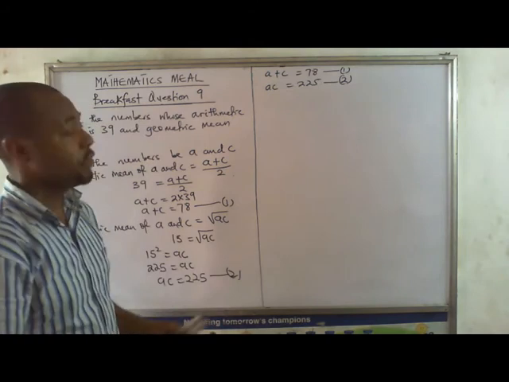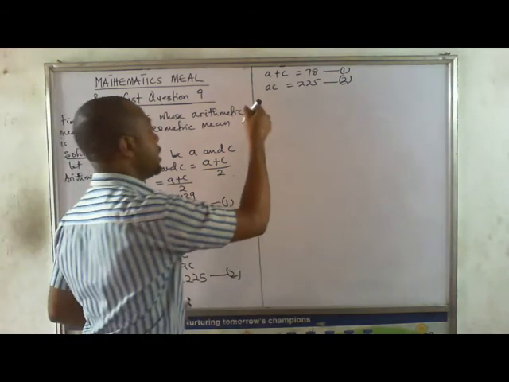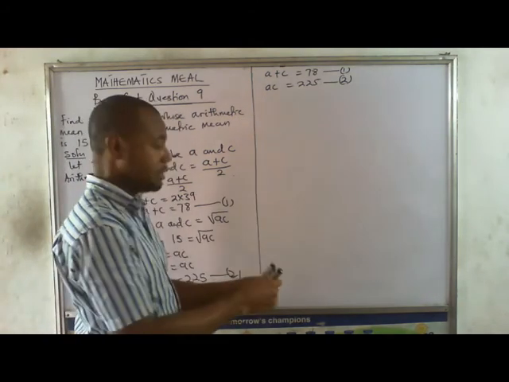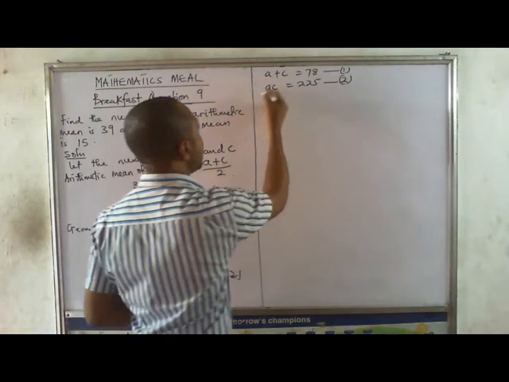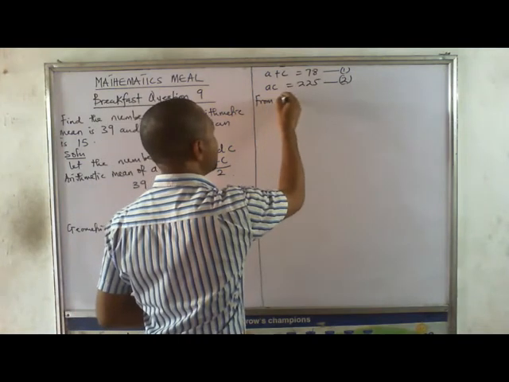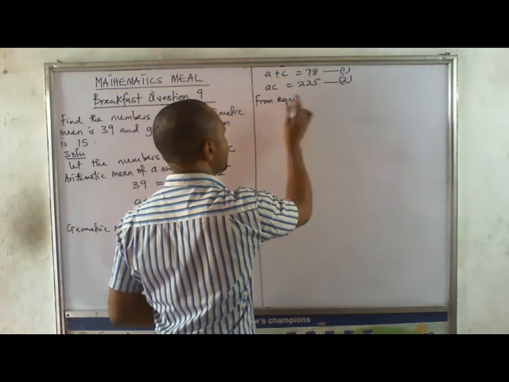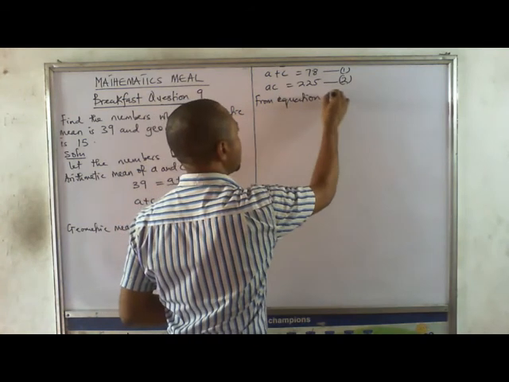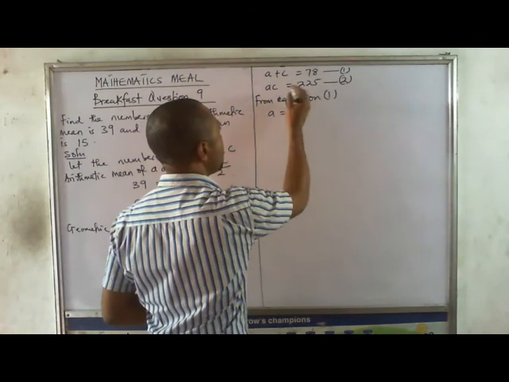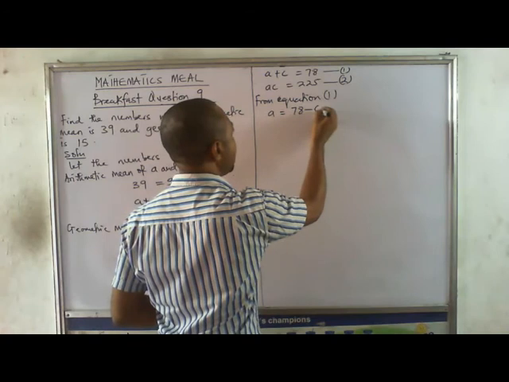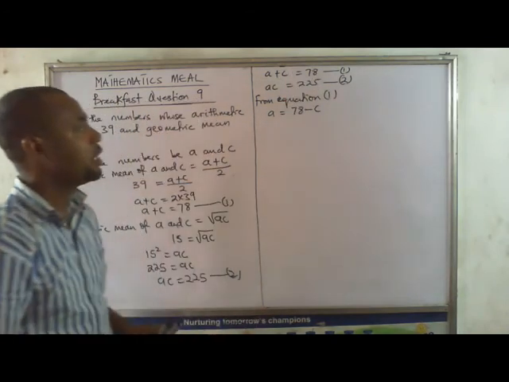Now I can solve this by substitution. From equation 1, we have that A will be equal to 78 minus C when we make A the subject of formula.